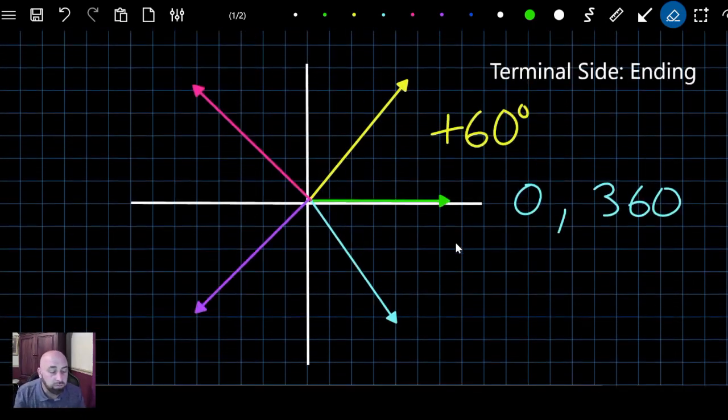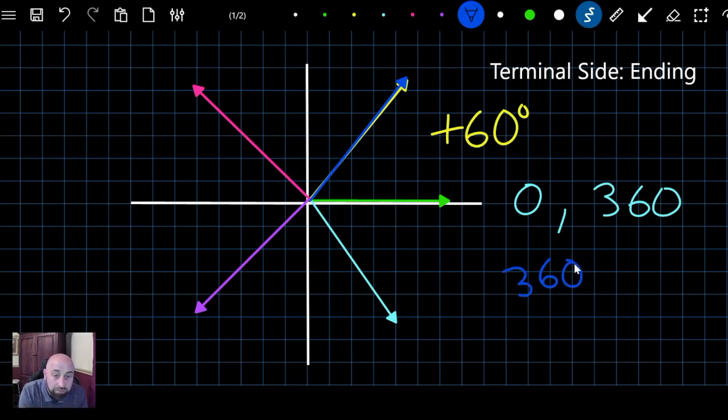All right. So let's kind of go back to this one just a little bit, and let's say that we have, I'll put one in this blue color here. Let's say that we have one at 60, all right? And then we have an angle, and this might blow some of your minds what I'm about to do. We have an angle that wraps all the way around and comes back to 60 again. So that one wrapped all the way around. So what would that be? Well, that would be 360 plus 60.